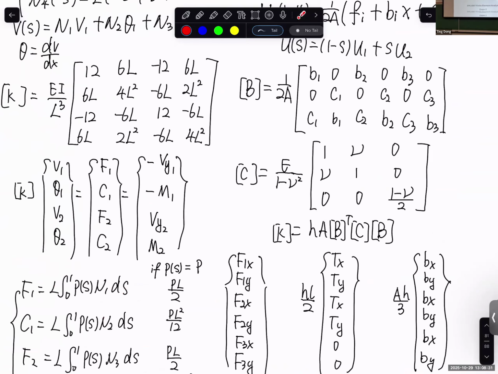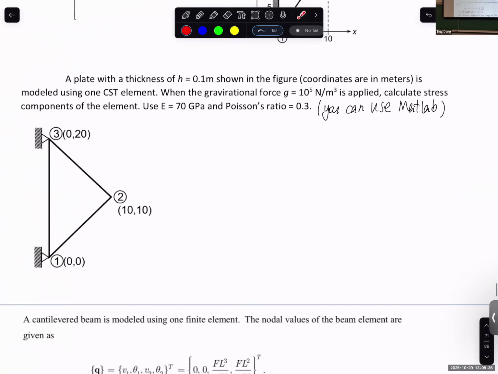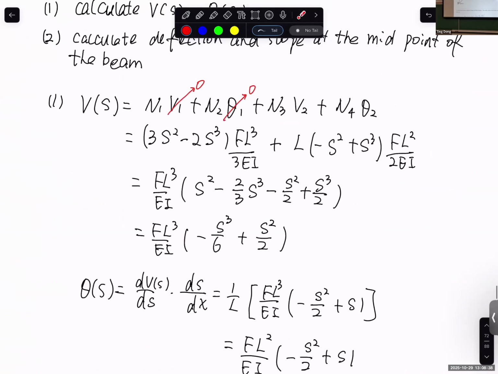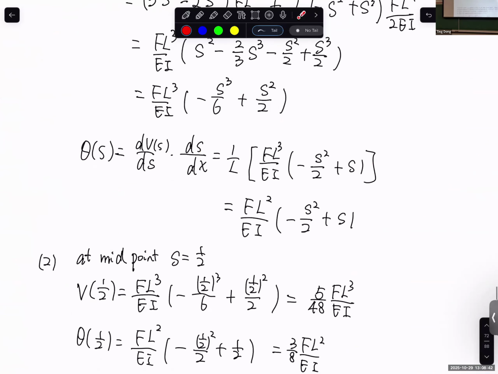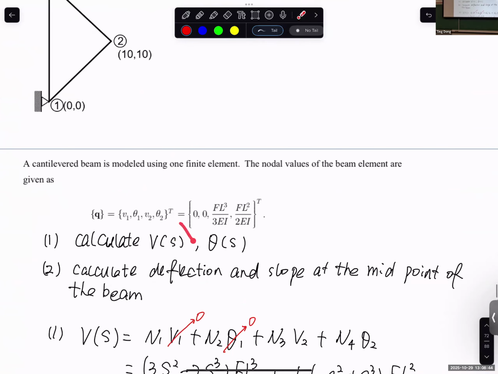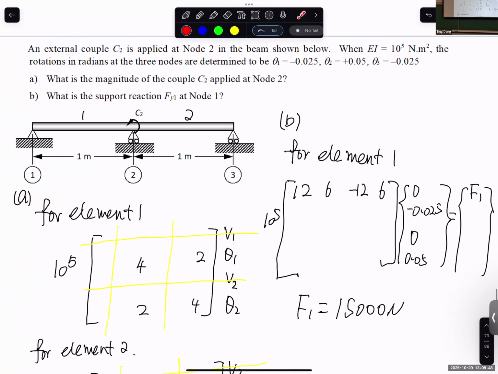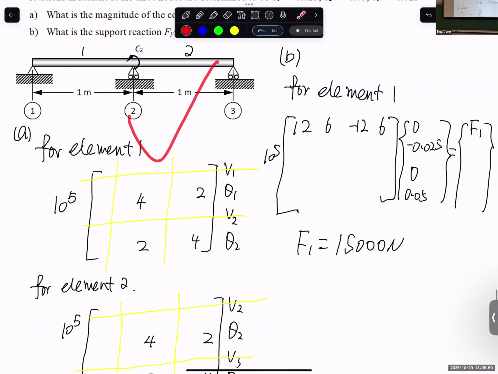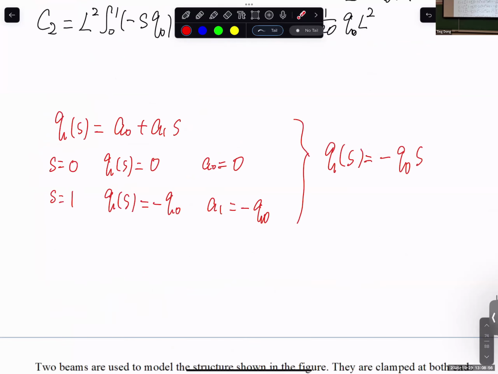But in terms of this problem itself, let me show you what we already practiced. We practiced interpolation. We practiced the linear distributed load, and we talked about this one in the exam review.